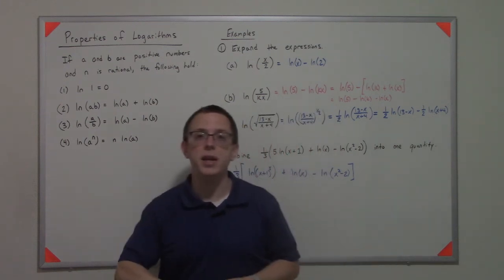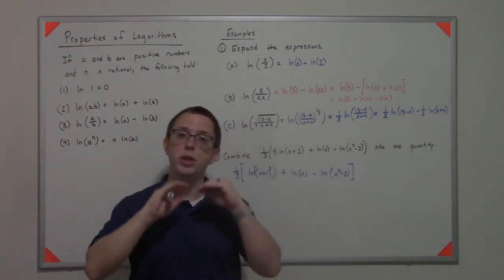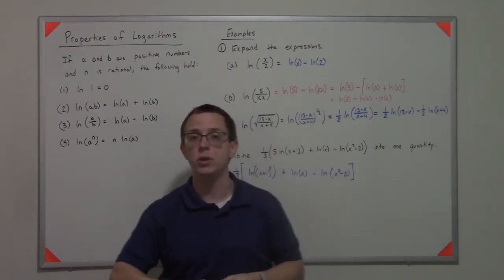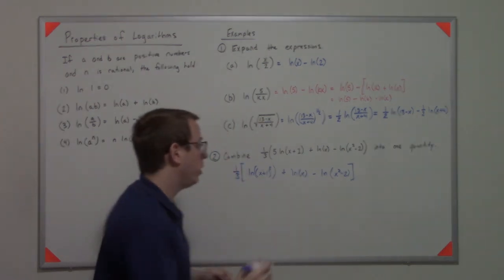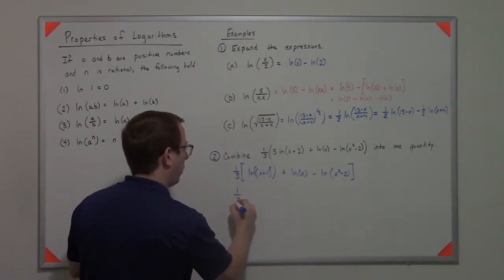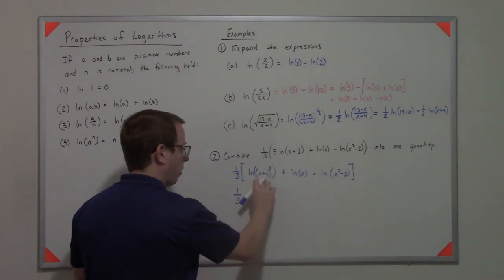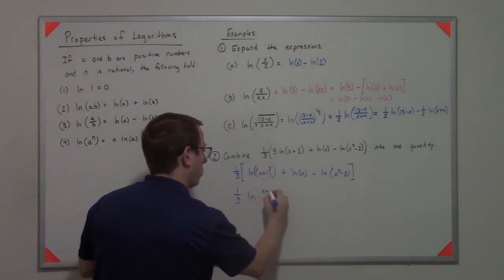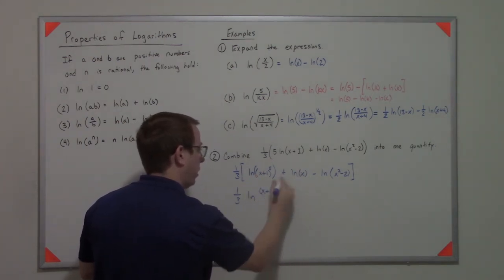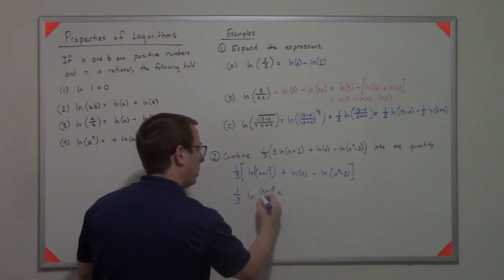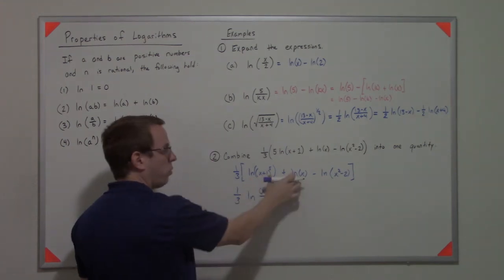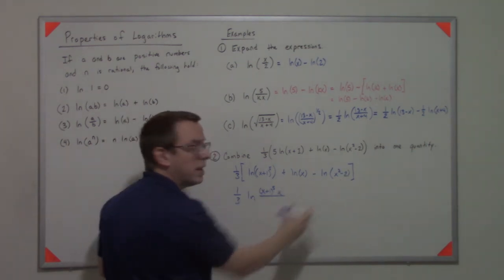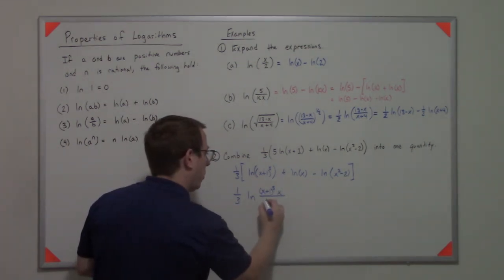Now remember when I said everything that's positive goes in the numerator, everything that's negative goes in the denominator. We can use that rule here to say, okay, that's 1/3 natural log, all right, that's x plus 1 to the 5th, and then there's an x. Those are positive, they go in the numerator. That's negative, so it goes in the denominator.